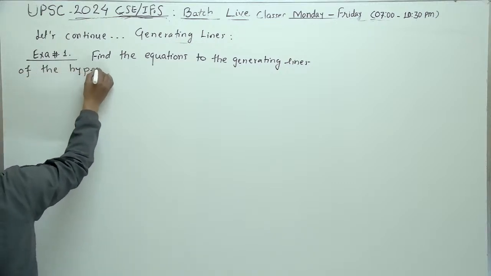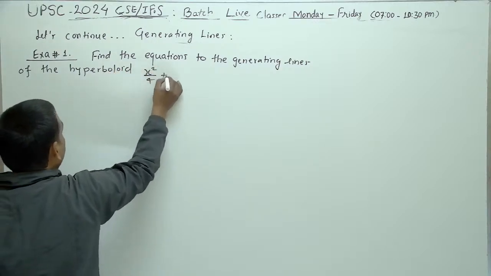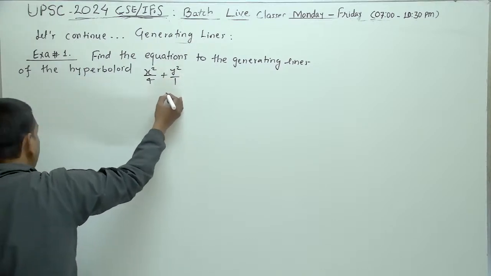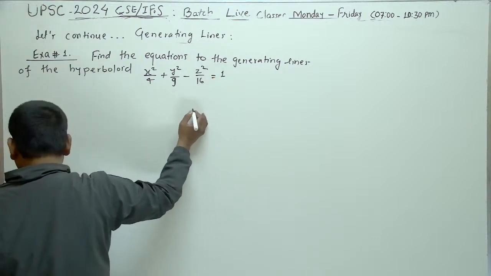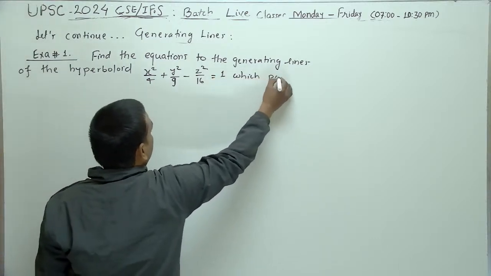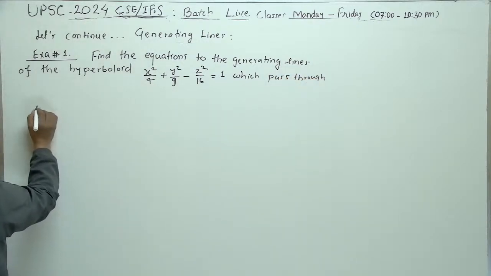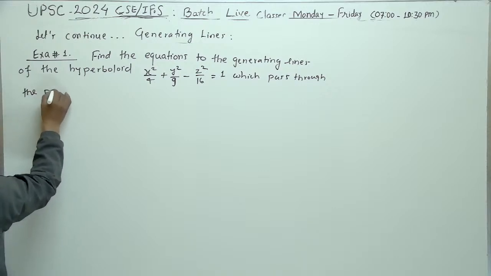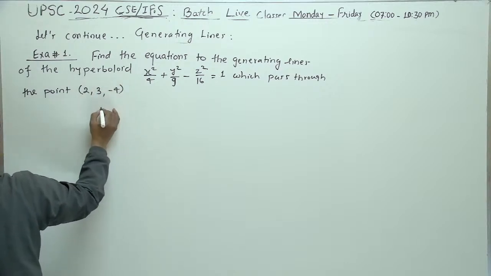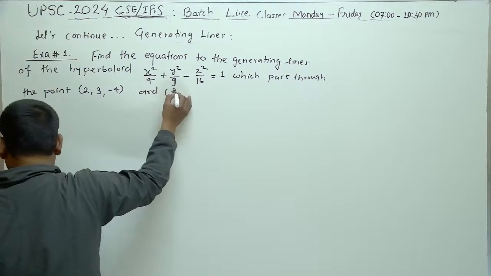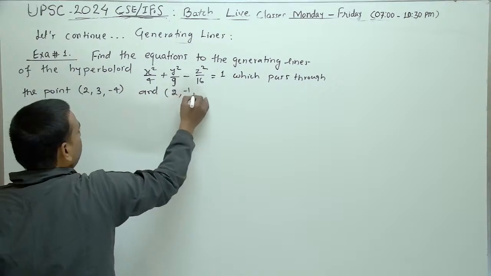Generating lines of the hyperboloid क्या लिया है? x square upon 4 plus y square upon 9 minus z square upon 16 equals to 1, which pass through the point 2, 3, minus 4 and 2, minus 1, 4.